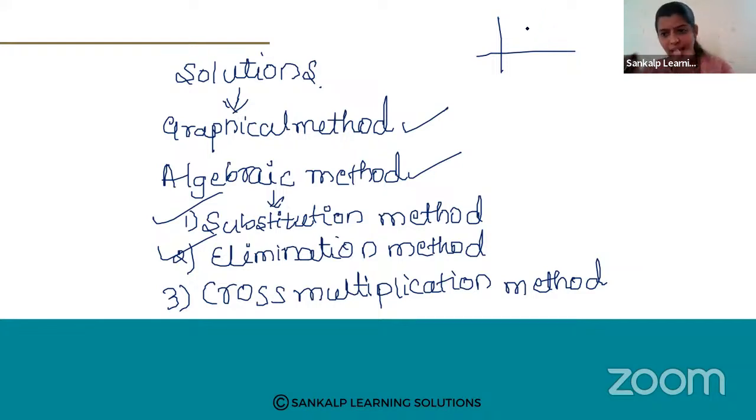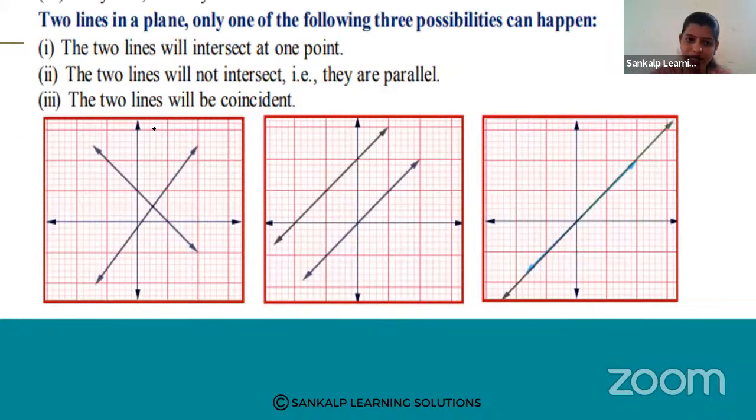So how will those two lines appear in the graph? There are three possibilities. One possibility is that both lines will intersect at a particular point. See here, one line and another line. These two lines will meet at a particular point, and this point we call the solution of that equation, right?